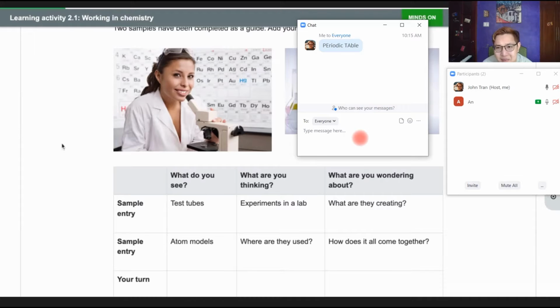Are they related in any way? How do you combine them? How do you put them in order? It's not random, right? It's put in a table for a reason. There's a reason for everything.